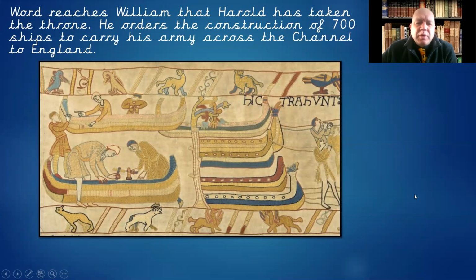So, moving down the tapestry, word reaches William in Normandy that Harold has taken the throne. Now, we know he wouldn't have been too impressed with that because he felt he had the strongest claim to be the new king. So he wasn't impressed that Harold had taken the throne. And so he orders his builders to construct 700 ships to carry his army across the Channel to England.